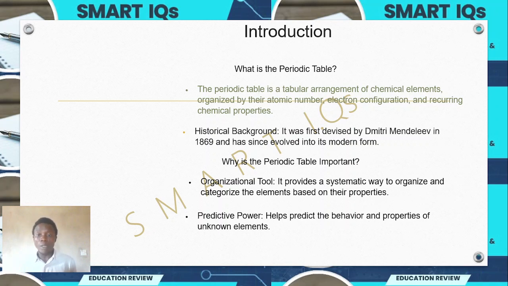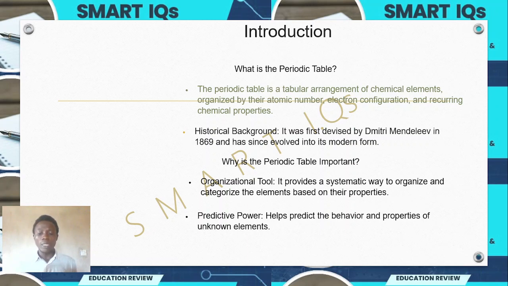Are we together? So as a predictive tool, the periodic table helps us to predict the behavior and properties of an unknown element. Are we together?